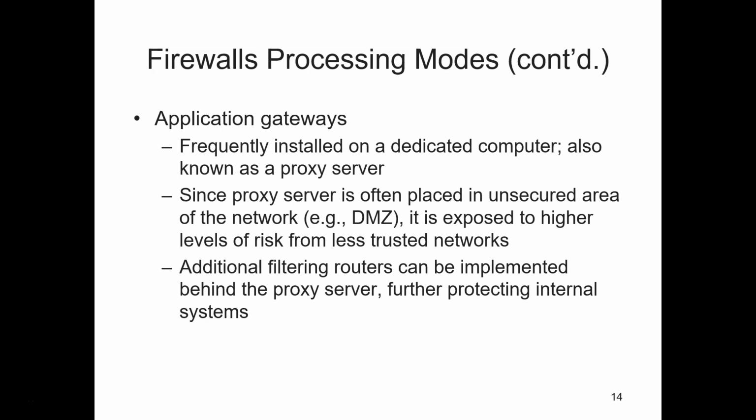Since the proxy server is often placed in an unsecured area of the network, or is placed in the DMZ, it, rather than the web server, is exposed to the higher levels of risk from the less trusted network. Now remember that the DMZ is open, so whatever server is in that area can be seen by many users.